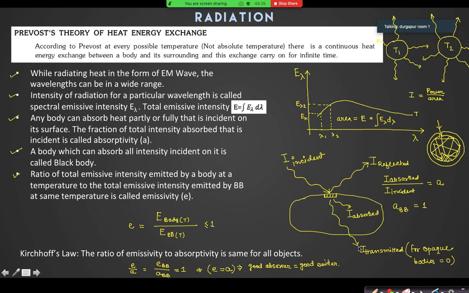It is transmitted. Emitted, here I have not shown emitted radiation. What is emission? It is from the body itself. Emission is due to the temperature of the body. These three are due to the incident part, right? And if the body has a temperature, then the body will emit some radiation due to its own temperature. It is called I emission.